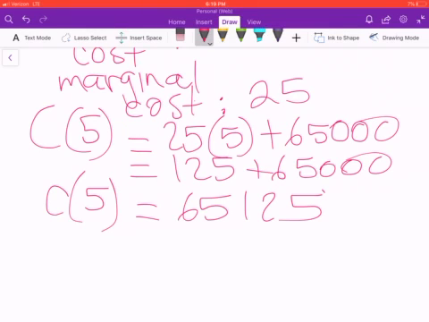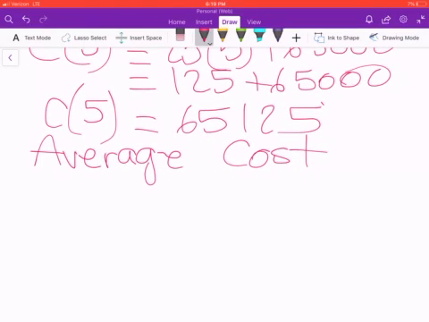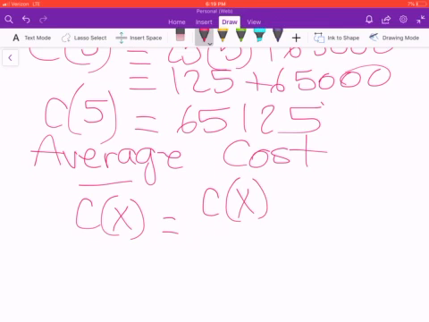Now let's say that the question is, and you might have forgotten about this one, the average cost. For the average cost, we use this symbol to denote it with a little line on top, kind of like the mean average. Here you find the function value and then you divide it by the number of items.